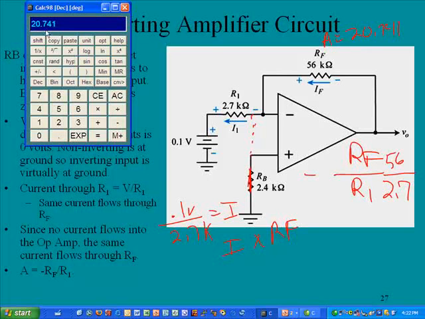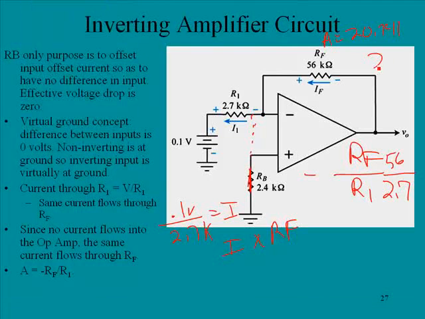So let's pull up our calculator again. Before we do this, we've got 20.741 on the screen. If we took that times the 0.1, that would yield 2.074 volts. Why don't we write that down? 2.074 volts. Now that is just the calculation based on the ratio of RF to R1 times the input voltage.